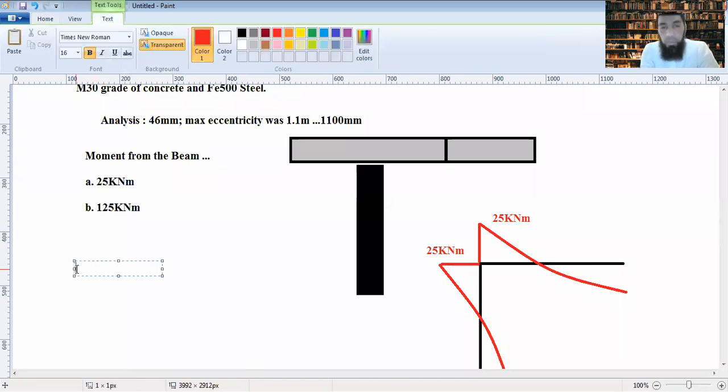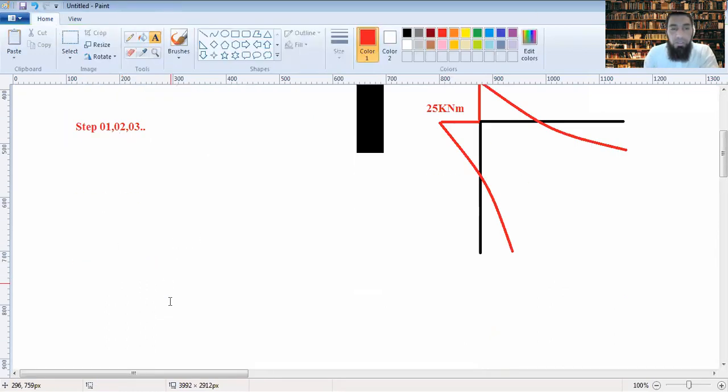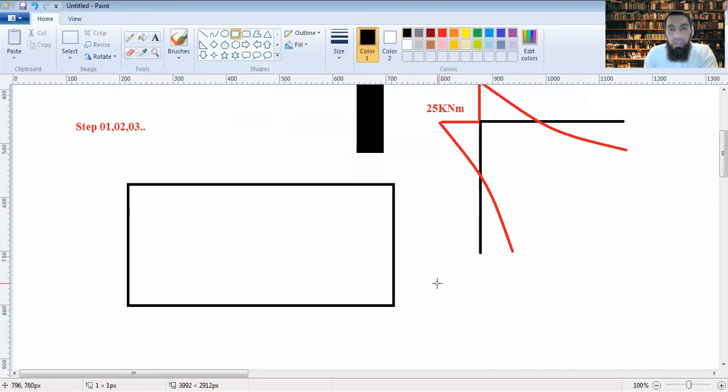Now, what do we do to analyze it? We have already solved steps 1, 2, 3 of this question, and we have obtained the longitudinal reinforcement of this column. This is the column cross section, and this is the longitudinal reinforcement.